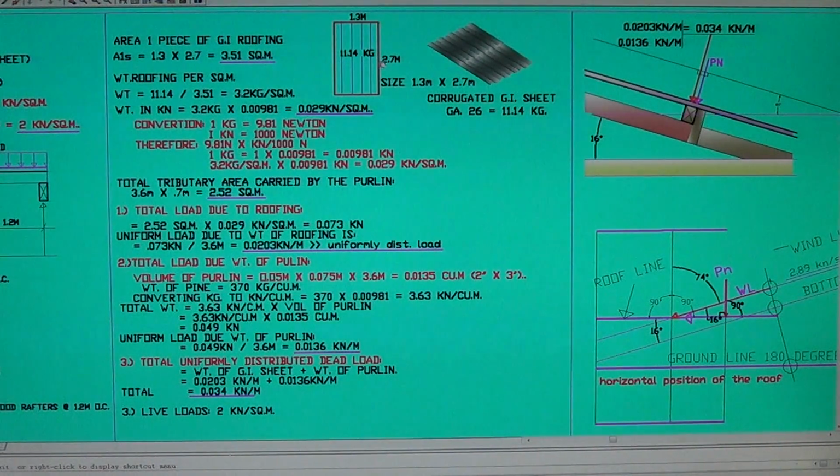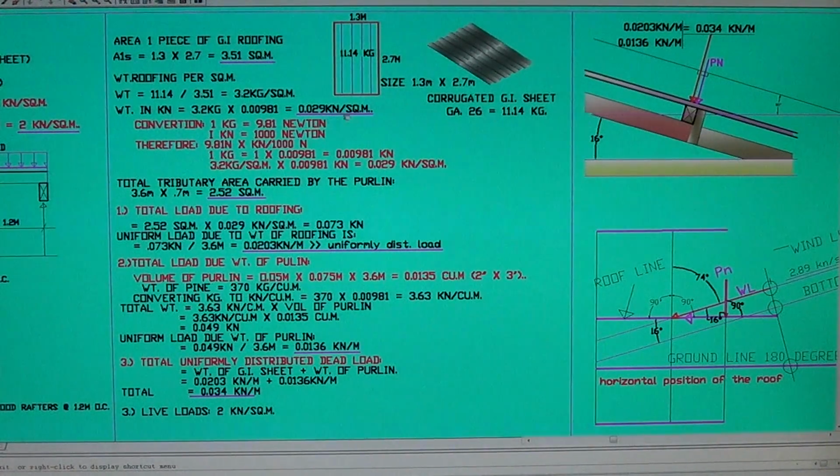You convert this based on the dimension of the roof truss. When you choose this, you gotta look at your dimension first, and then figure out what size of the GI corrugated sheet you can use.